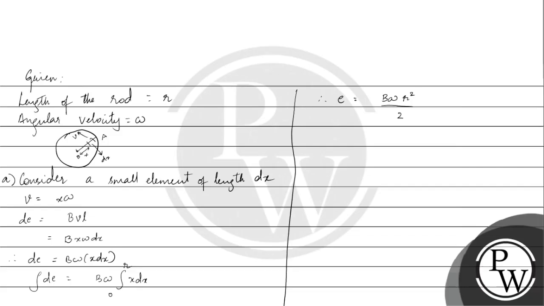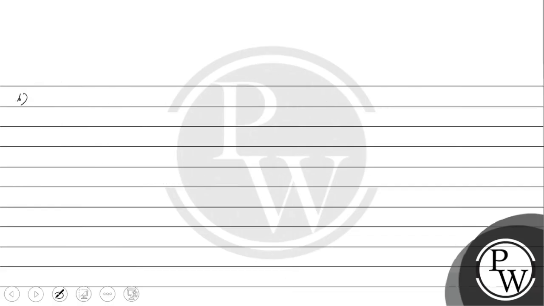So the current at any instant of time in an LR circuit is given by I naught, so अगर वो current growth है, so this is 1 minus e to the power minus R by L into t. So I naught is the initial current.